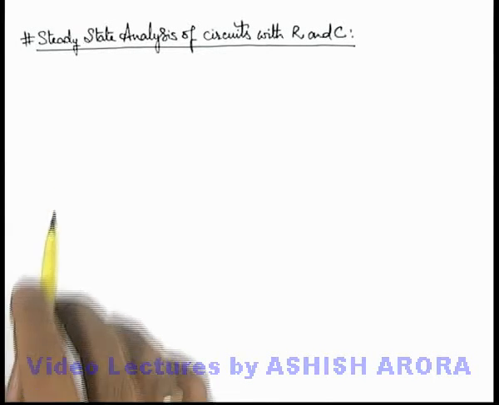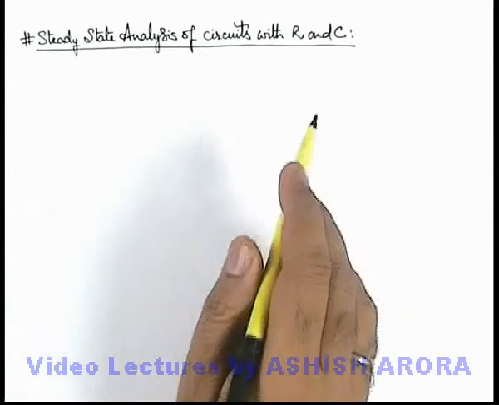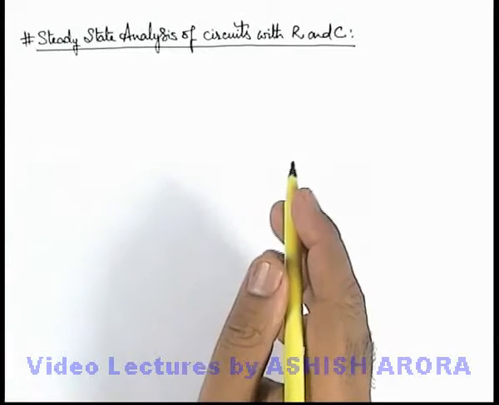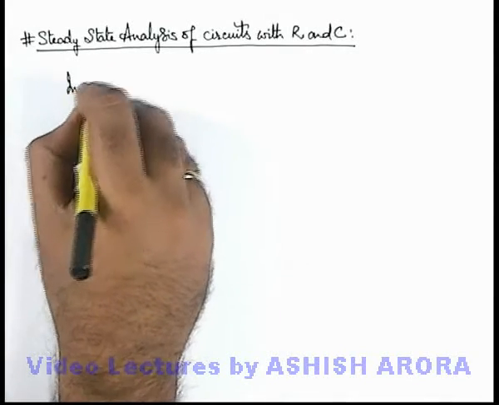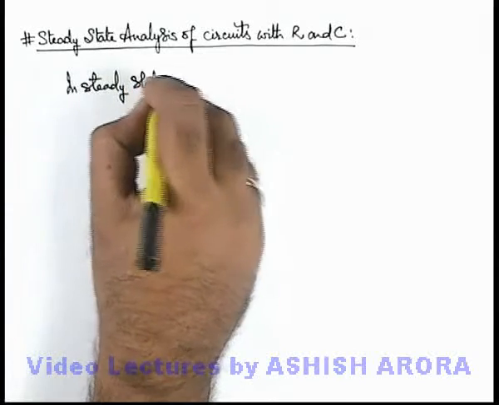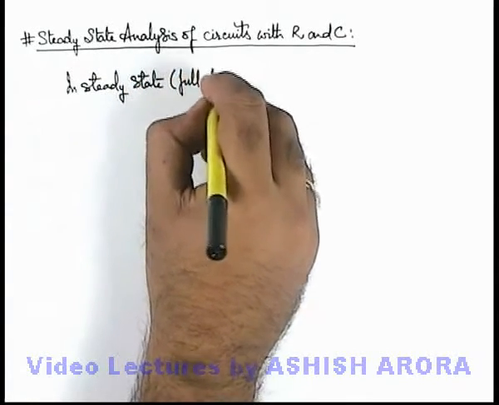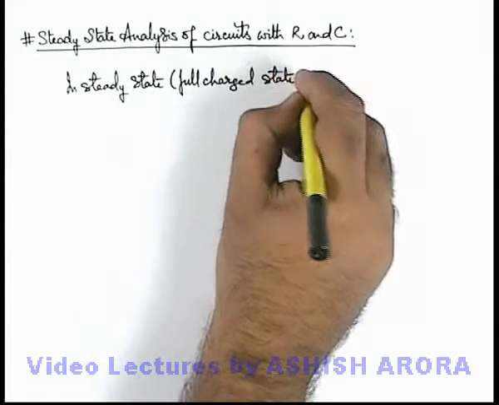Now we'll study the steady state analysis of circuits with resistances and capacitors. When we talk about RC circuits, we have already discussed that a steady state is the fully charged state of the capacitor.